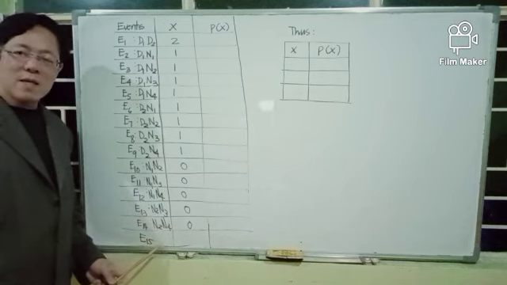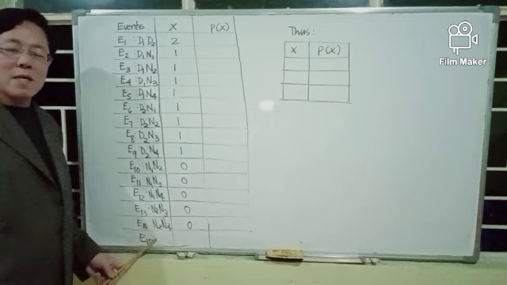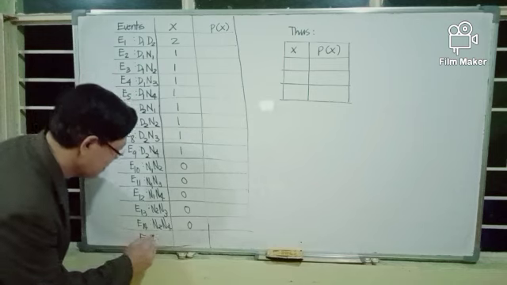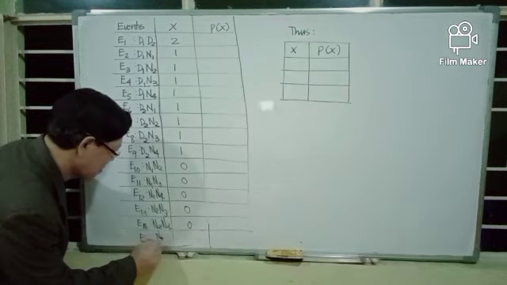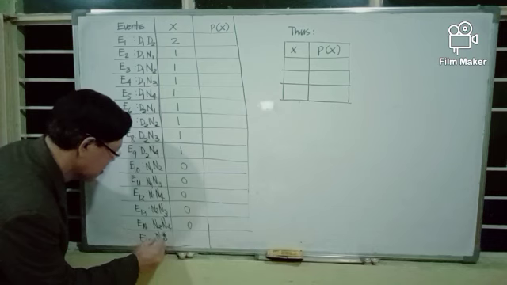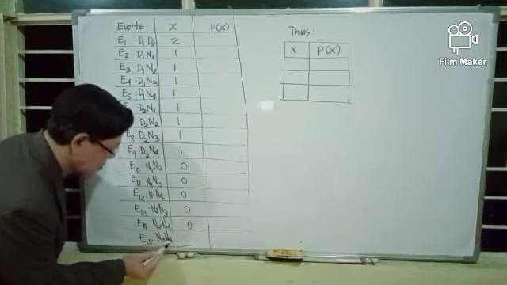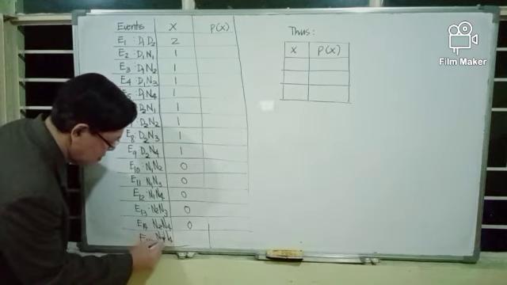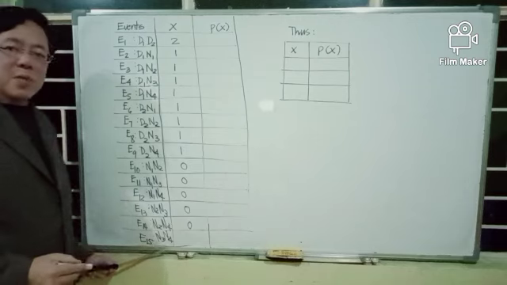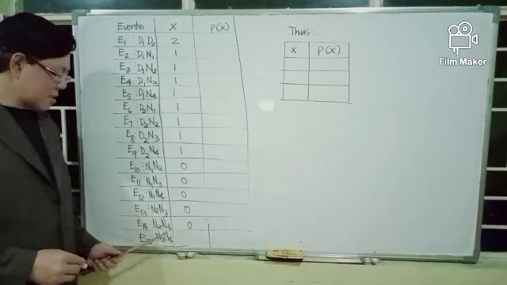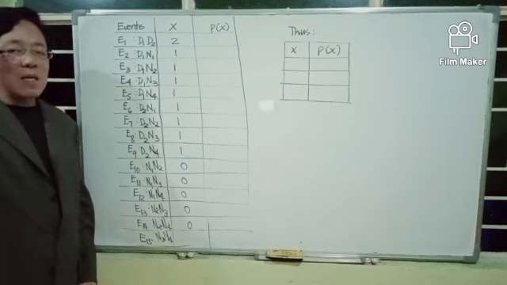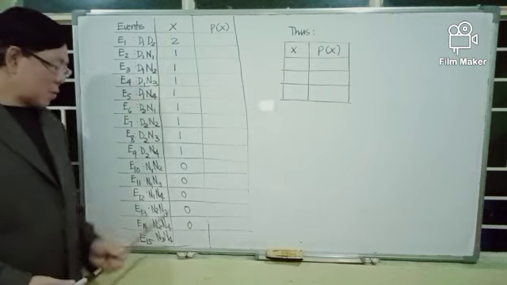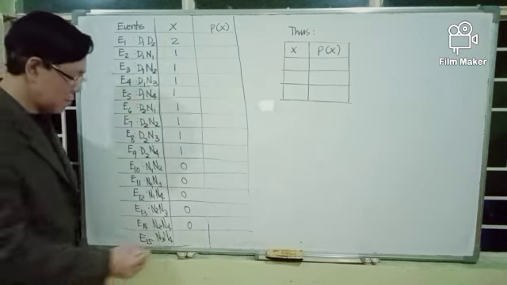And the last event is the event where the customer selected the last two non-defective items, N3 and N4. And for this particular event, the number of defective items among the two appliances purchased is 0.